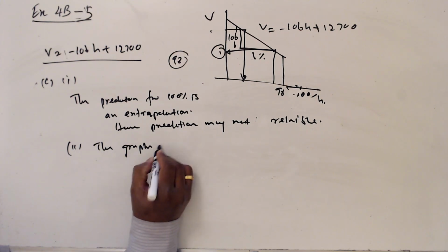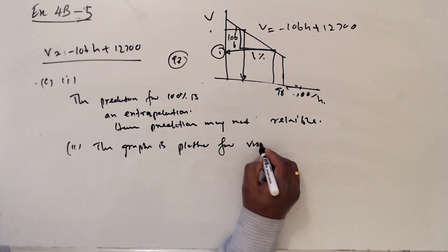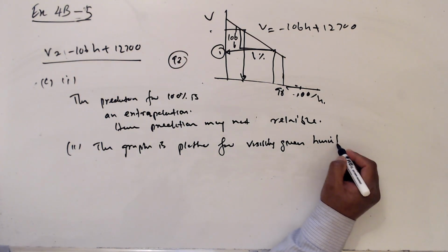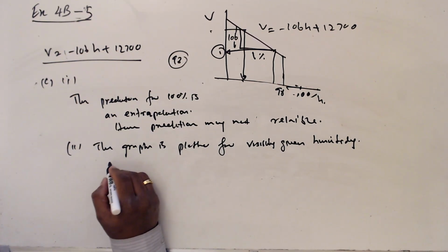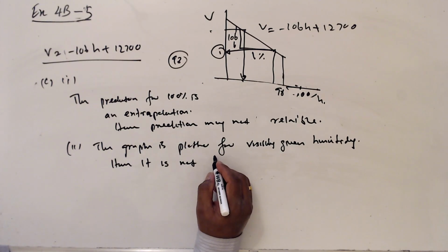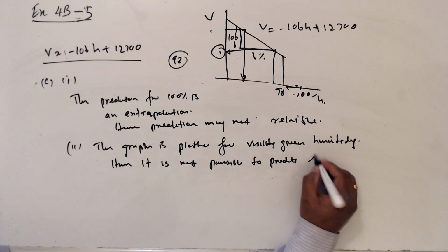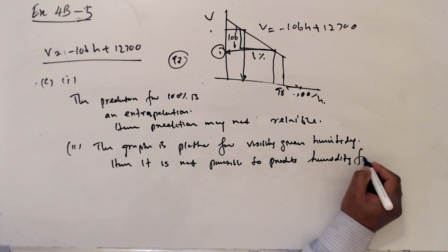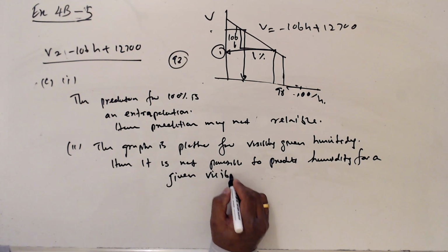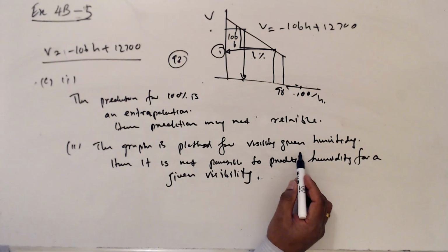The graph is plotted for visibility given humidity.